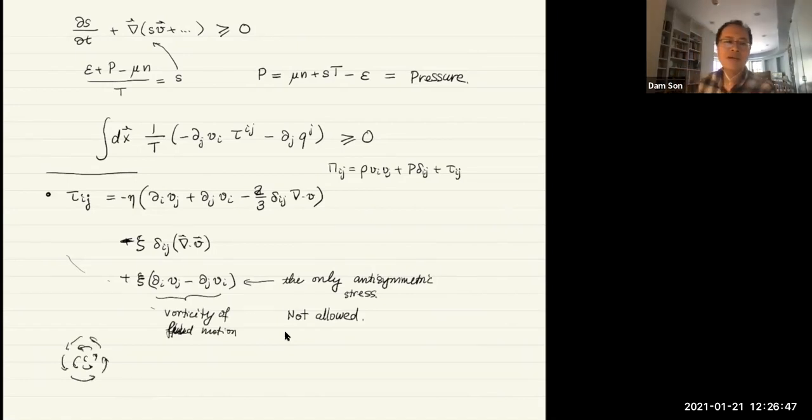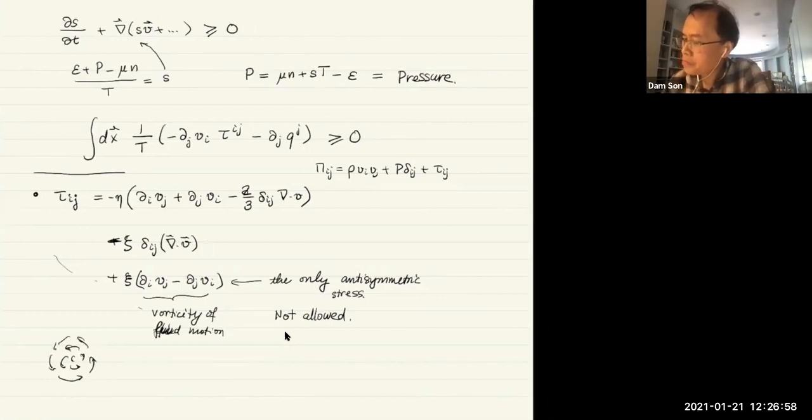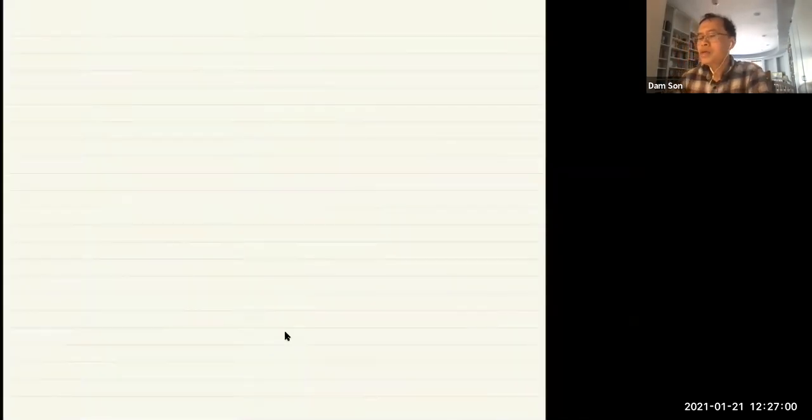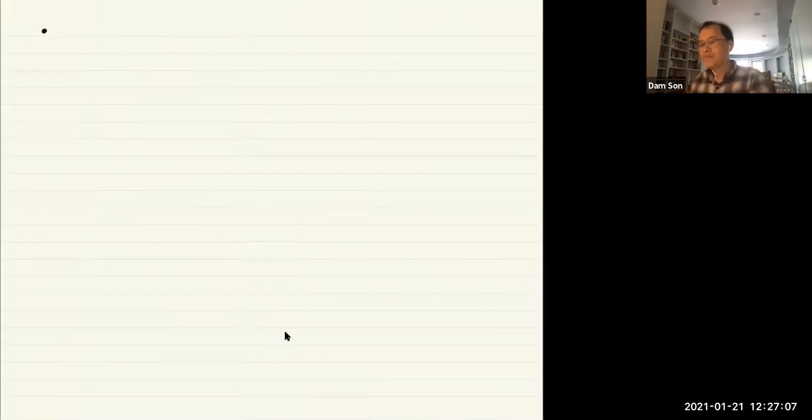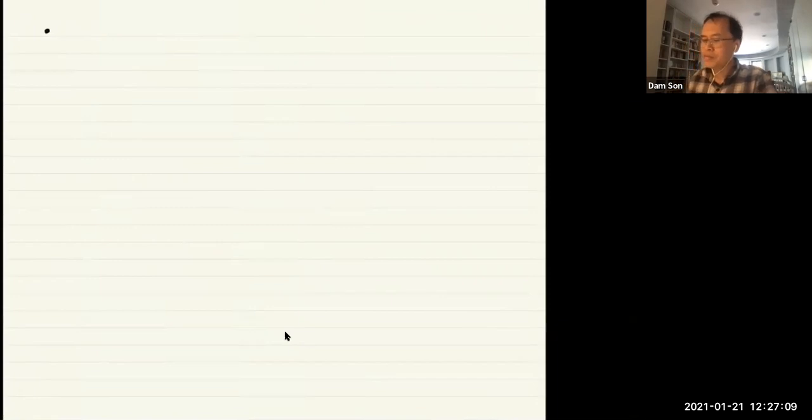If such a term is allowed, that means that even when you take a cup of water and rotate it rigidly, there is a contribution to the stress. Let me show you that it is not possible. That comes from conservation of angular momentum.